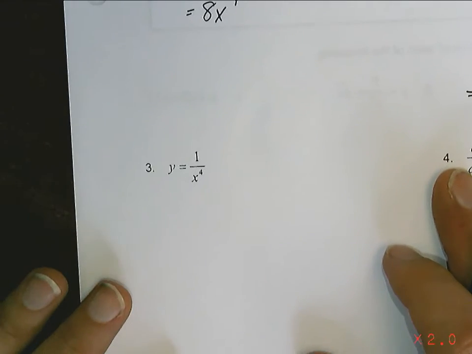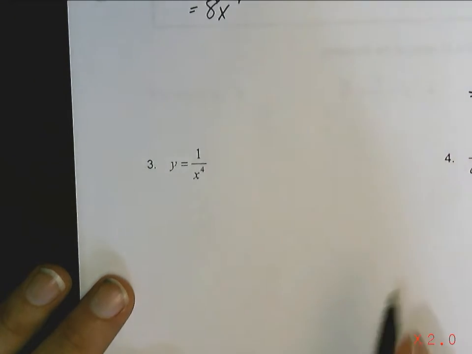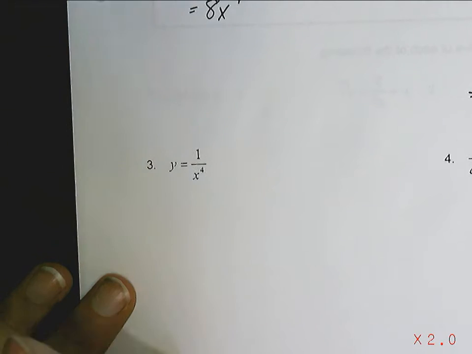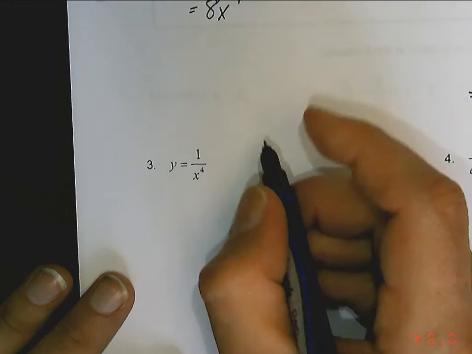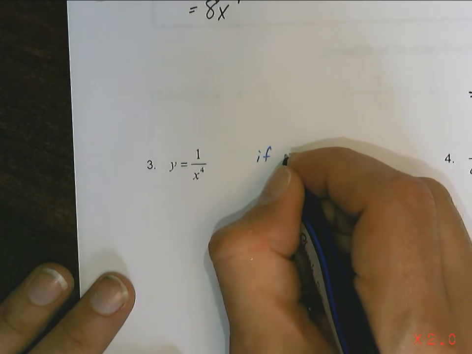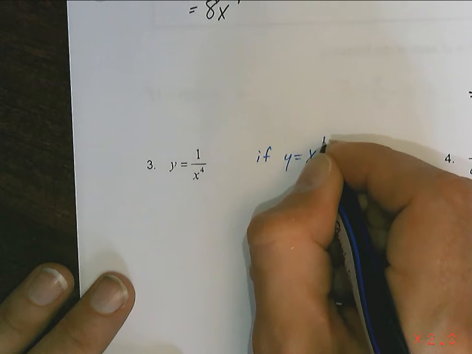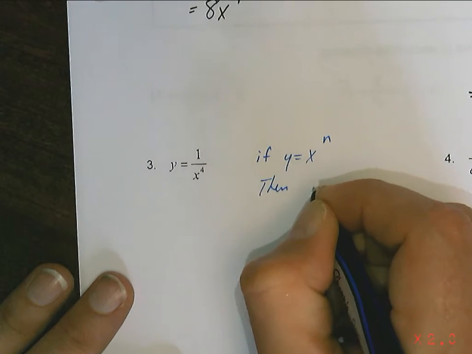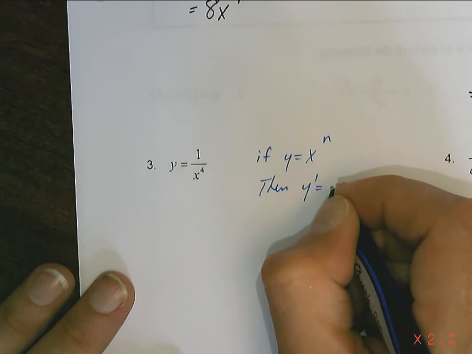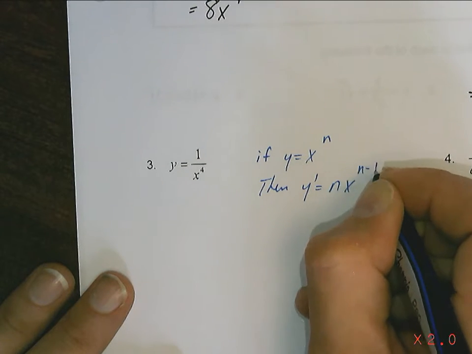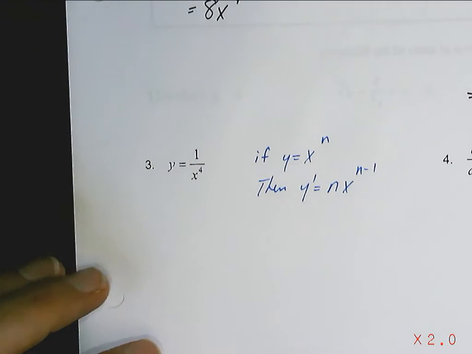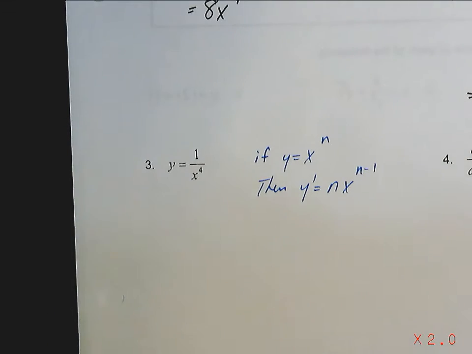Over here, uh-oh. That doesn't look like x to the n. I don't know how to do that. The only thing I know is if y equals x to the n, then y prime equals nx to the n minus 1. I just threw in some more notation at you.